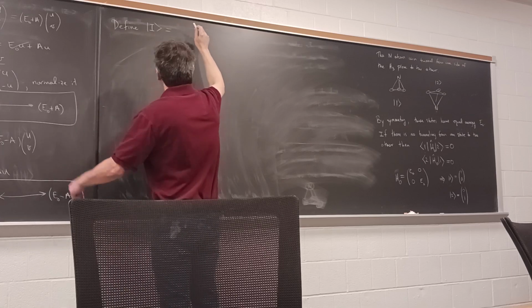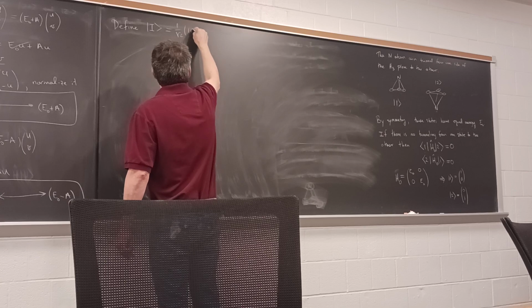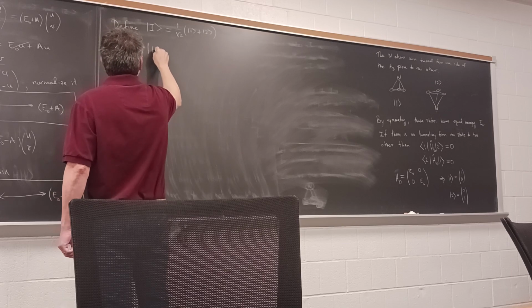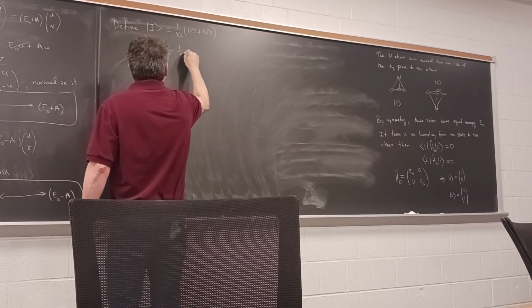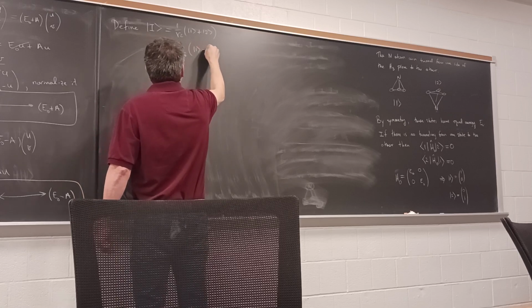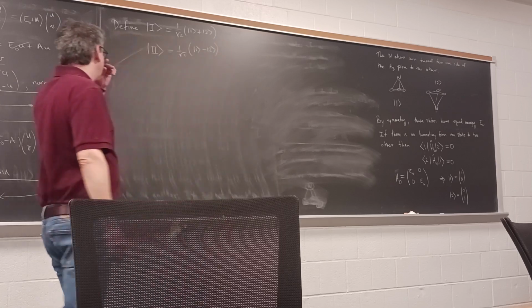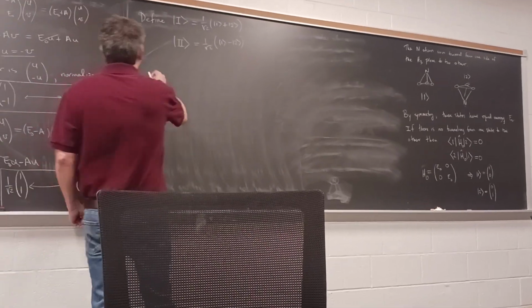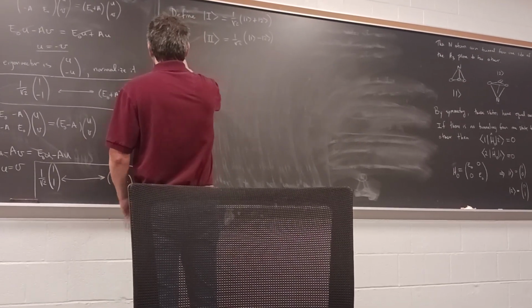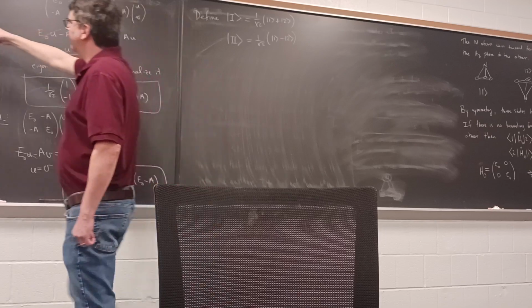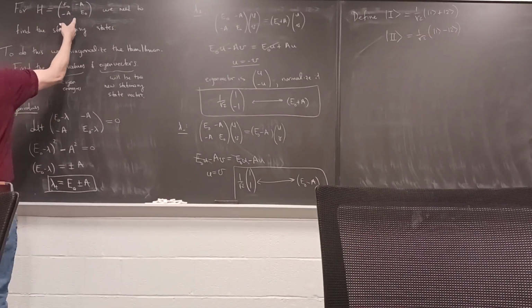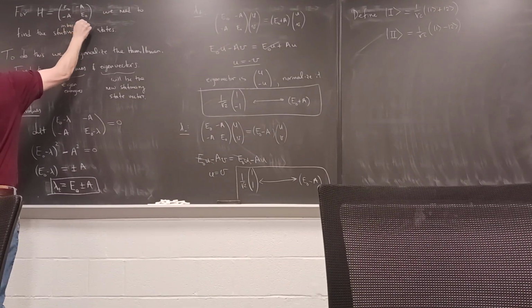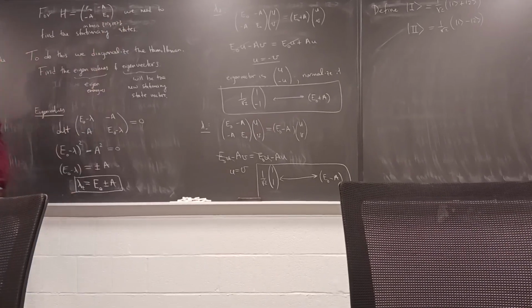So these are the states that we get, these two states. And so this is the Hamiltonian in the basis 1 and 2, right?